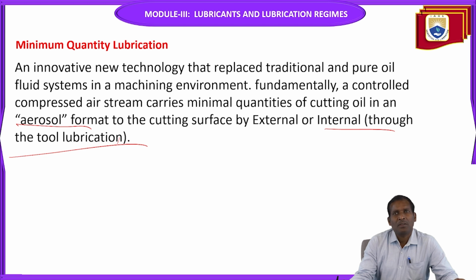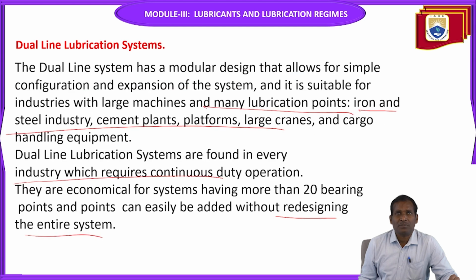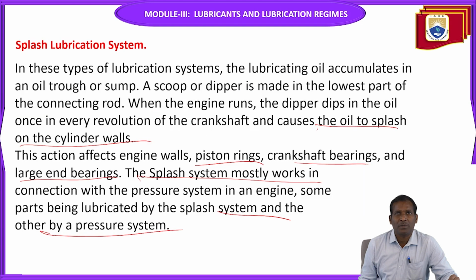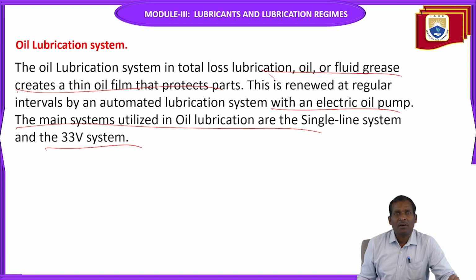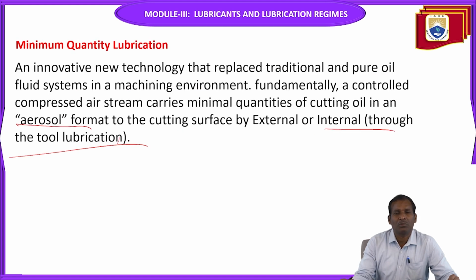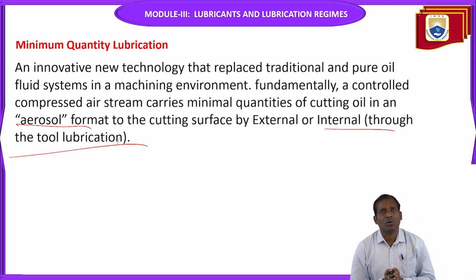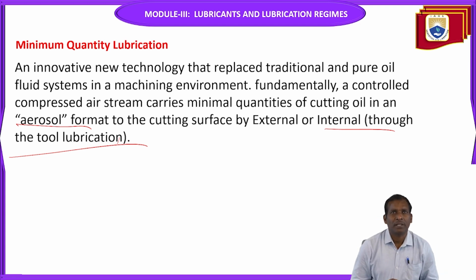Also, we have talked about the important functions of lubricants and the properties of lubricants. And then the various systems: the grease lubrication system, the splash lubrication system, the dual line lubrication systems, the oil lubrication system, and minimum quantity lubrication systems we have studied. These are the important topics in the lubricant chapter.